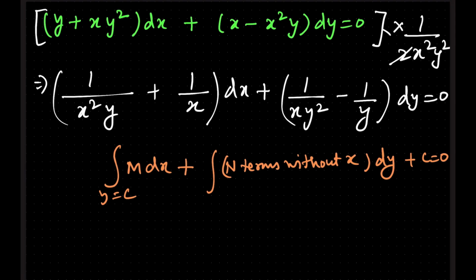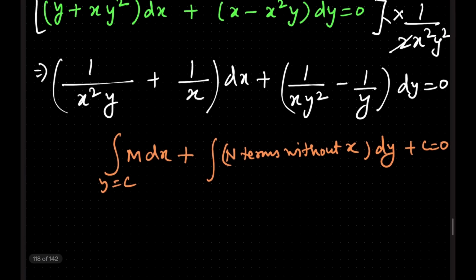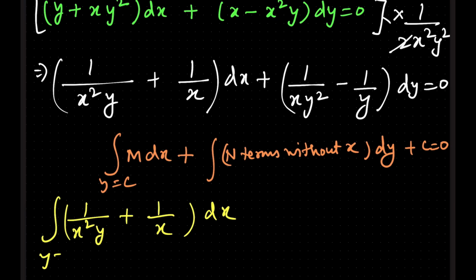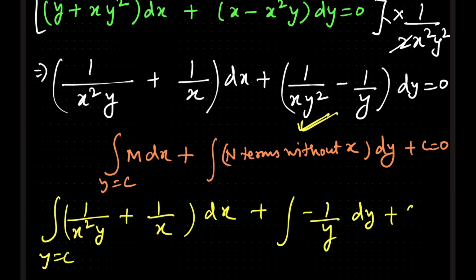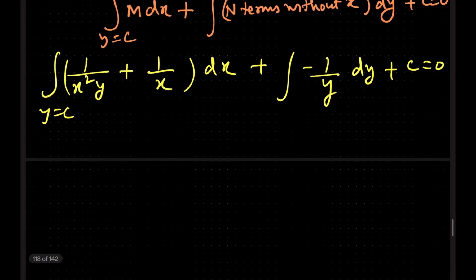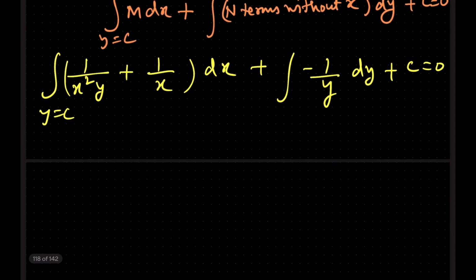Implementing this formula, we get ∫(1/(x²y) + 1/x)dx, where y is constant, plus ∫(−1/y)dy, excluding the x term, plus c. Finally we will integrate this and get our final answer.